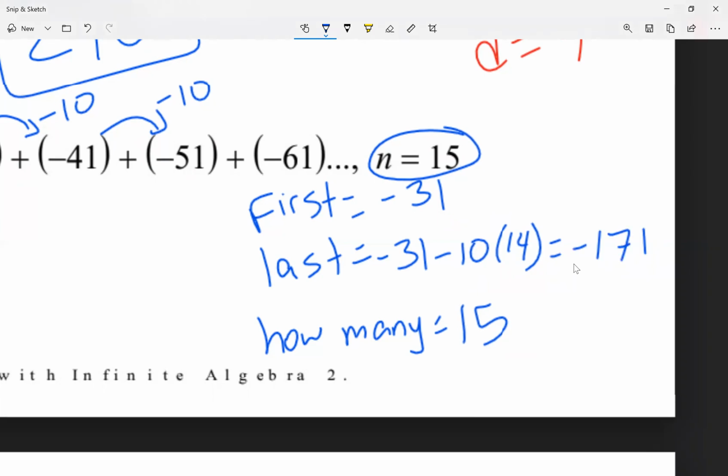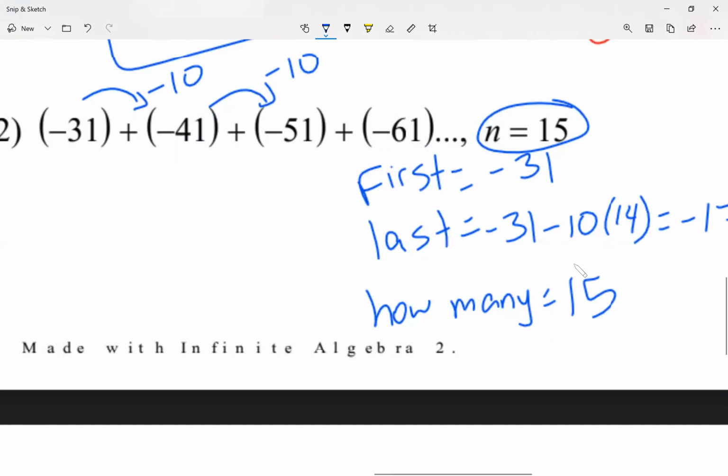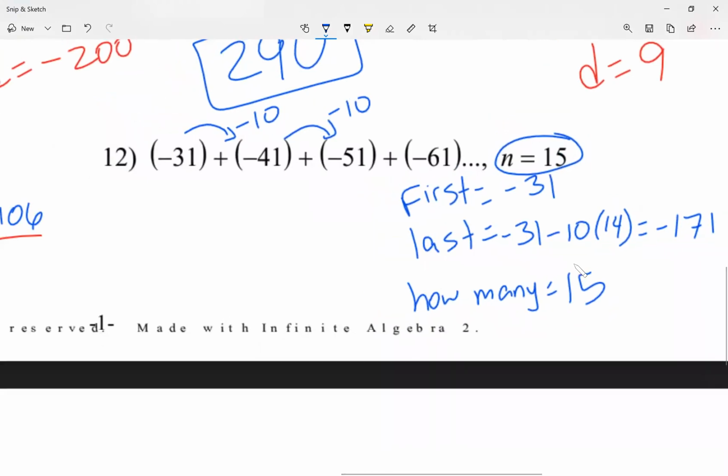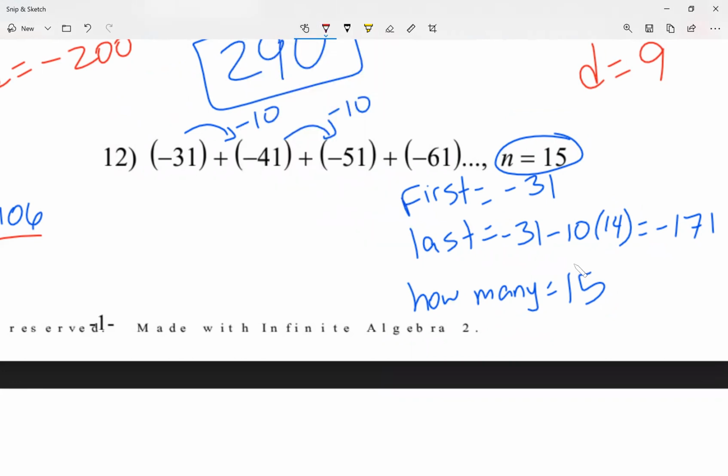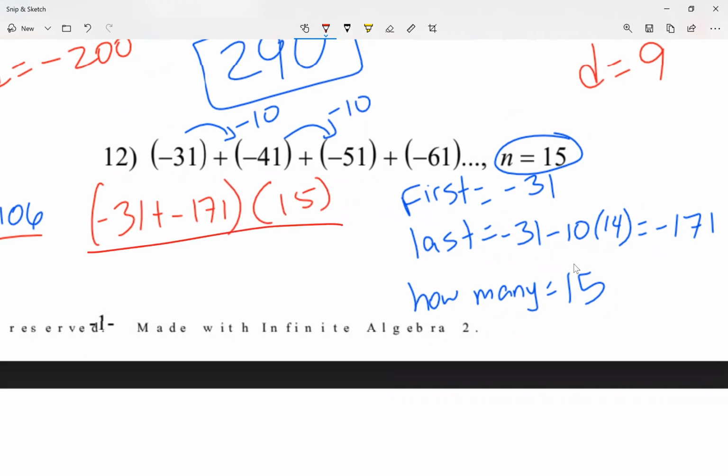So I know my first number, I know my last number, and I know how many numbers I'm adding. Let me add my first number and my last number. So negative 31 plus negative 171. Some people might say negative 31 minus 171. Yeah, that's the same thing. I'm going to multiply this times 15, because that's how many numbers I'm adding, and always divide this by 2.